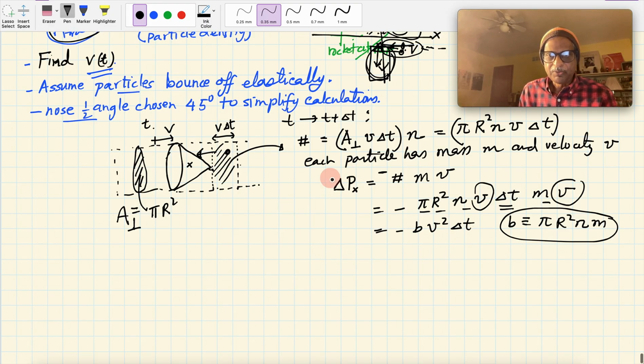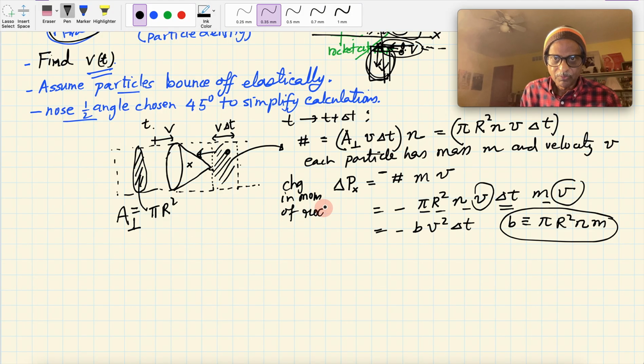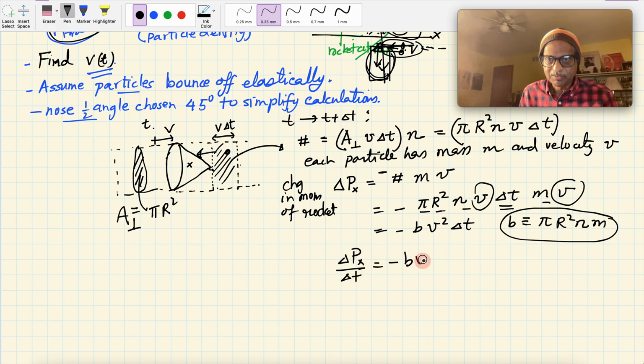So on the rocket, this is a change in momentum of the rocket. Divided by delta t, delta px over delta t equals minus b v squared.